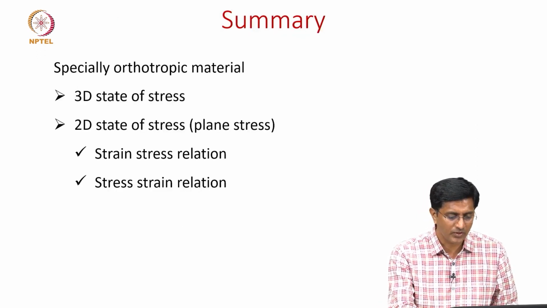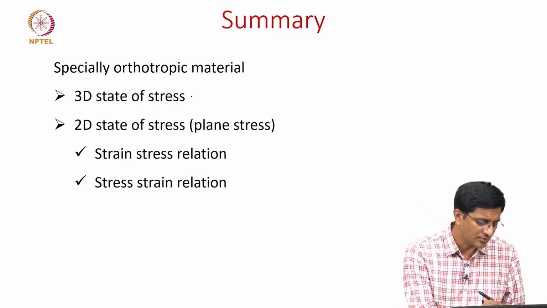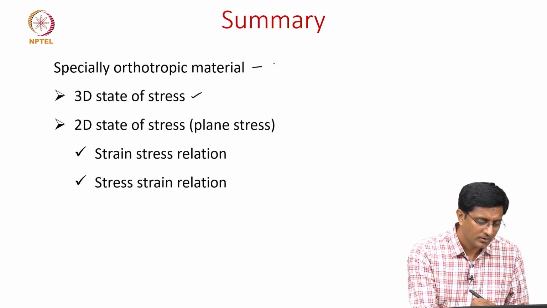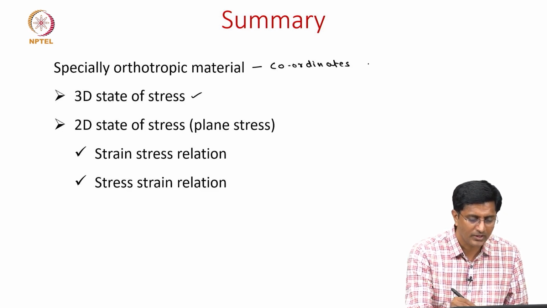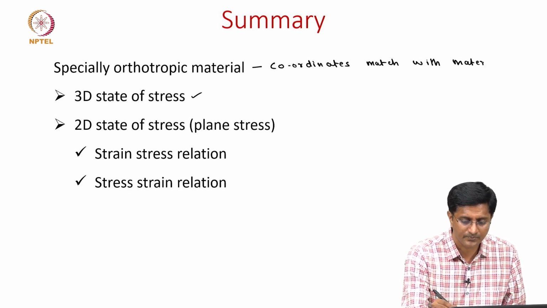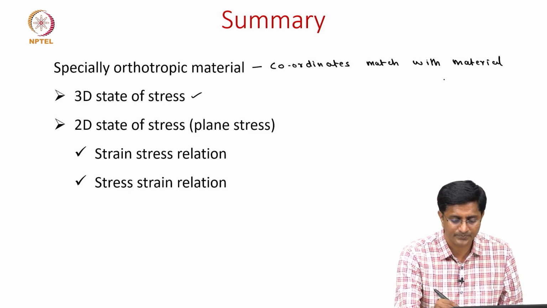So, let us summarize what we have discussed in this video. We started with the general state of stress for a specially orthotropic material where the coordinates match with material coordinates or the principal coordinates.